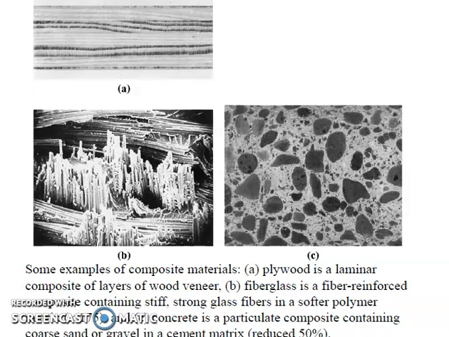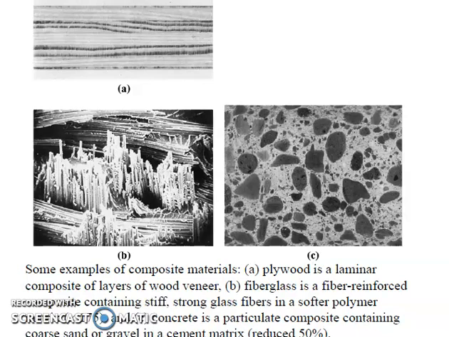And in the third figure, again a man-made composite material: a concrete particulate composite consisting of coarse sand or gravel in a cement matrix, having a percentage composition of say 50-50.